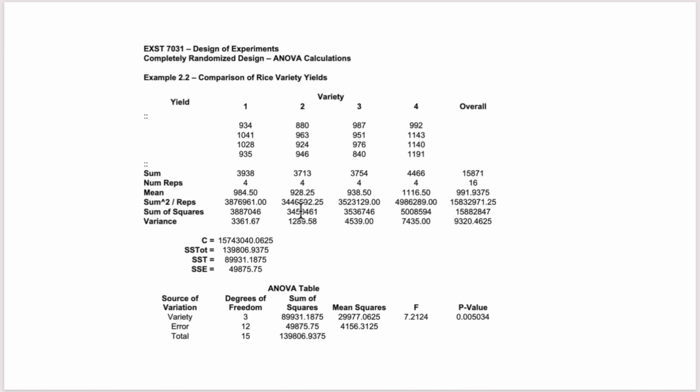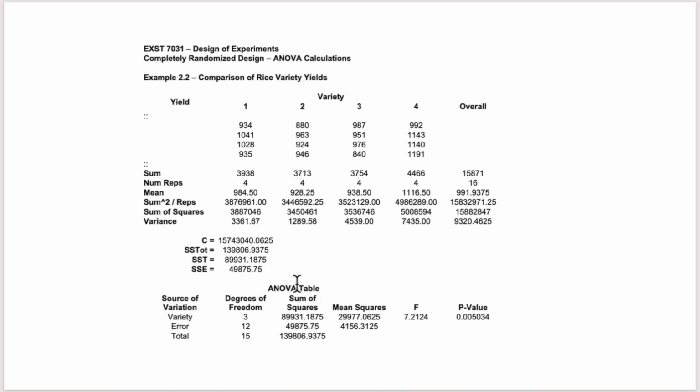So from the data organization table, I calculate the correction coefficient. I calculate the sum of squares total, the sum of squares treatment, and then I get the sum of squares error by subtraction. And then based on the structure of the organization table, as well as the total number of observations, I have the degrees of freedom cells programmed in.